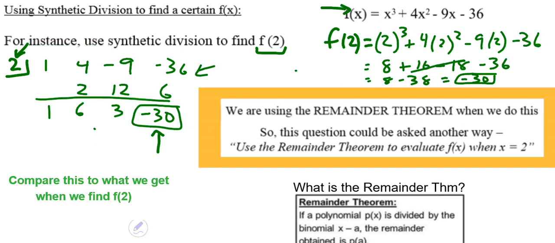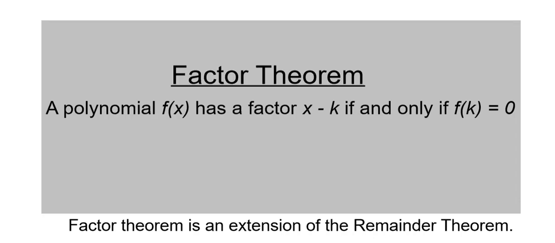Remember with synthetic division, whatever number we put in here, it's just a shortcut. We're not really dividing by 2. We're dividing by x minus 2. And you learned that last class. All right, so the cool thing is that when our remainder is equal to 0, then we know that we have a factor.